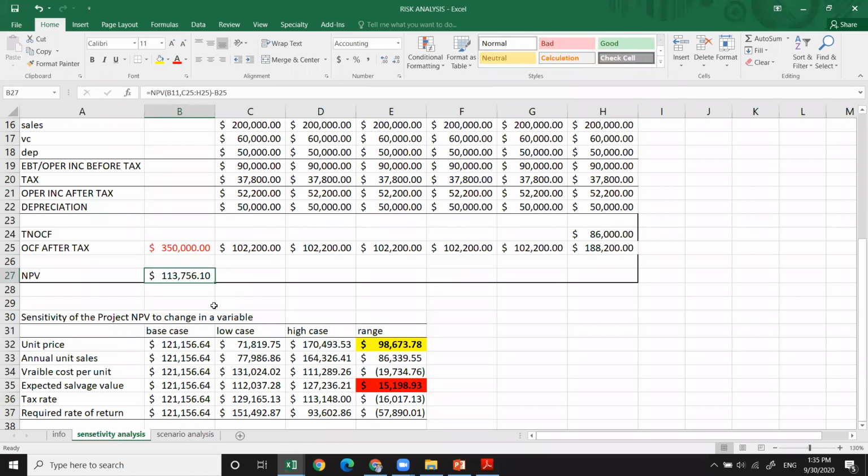Why doesn't it match? It should be matched. I changed the tax rate. So what is the problem?